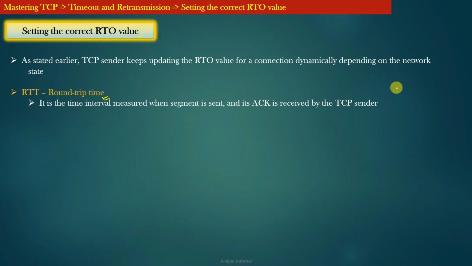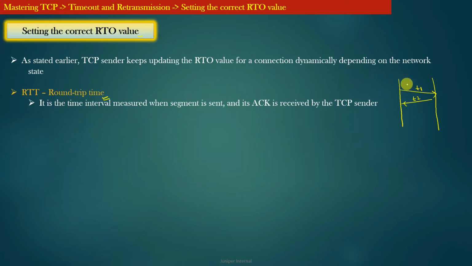For example, suppose in this diagram the TCP sender sends a data segment towards the receiver. Let the total time that this data segment takes to reach from sender to receiver be t1 seconds. Then the receiver responds with the ACK. Let the total time the ACK takes to reach back to the sender be t2 seconds.